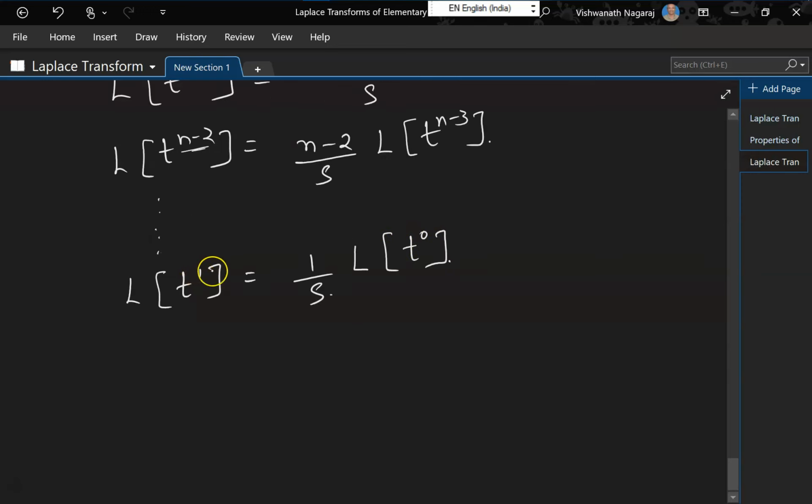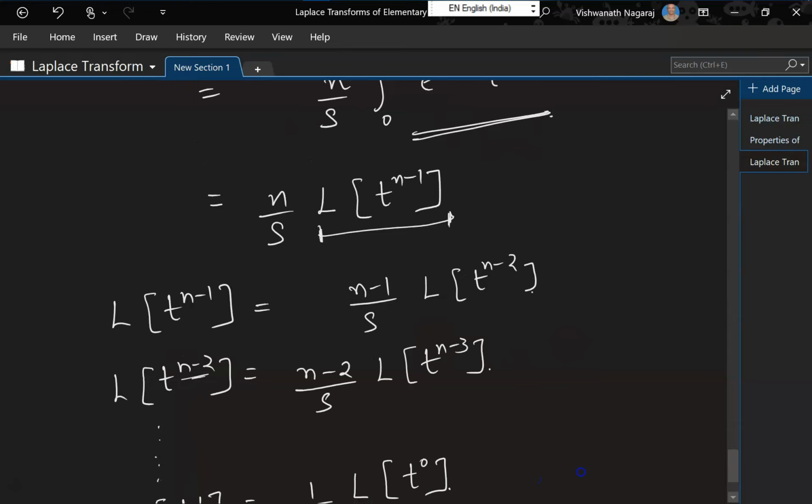See, whatever is in the exponent will come in the numerator here. So it was n minus 2, n minus 2, 1, 1. But now what about this? Now L of t to the power of 0 is equal to what? That is nothing but Laplace transform of 1, which we have already seen is 1 by s.